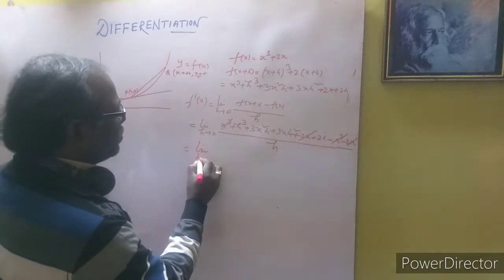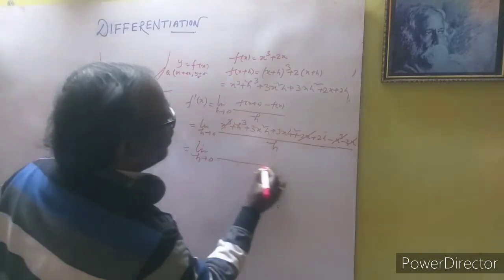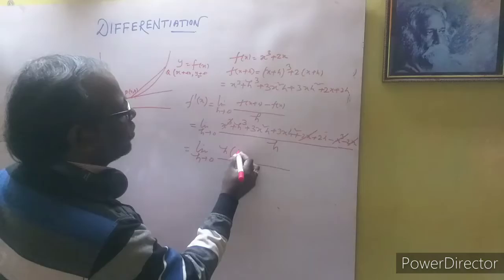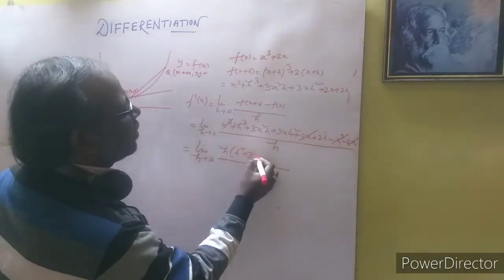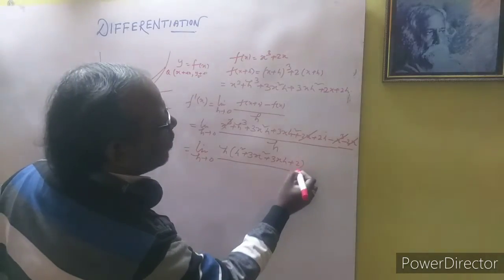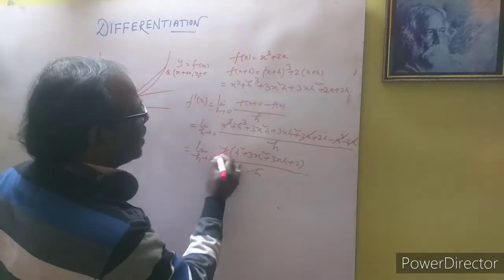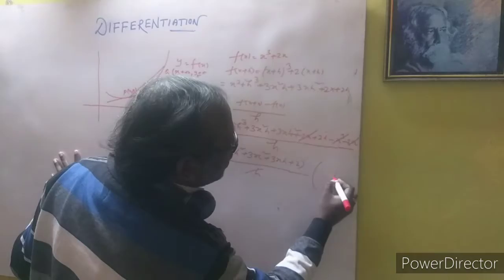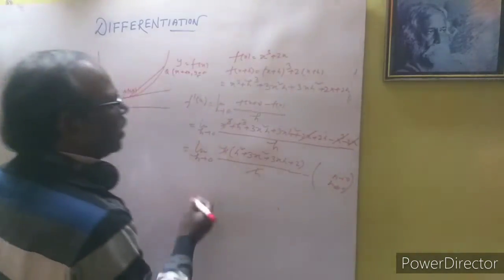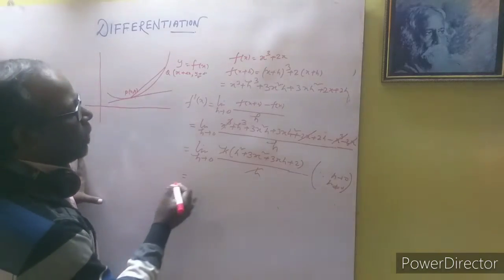So limit h tends to 0, and take h common here. So this is h square, 3x square, 3xh plus 2 by h here. So h and h cancel. See h tends to 0, h not equal to 0, so we can cancel the variable h here.